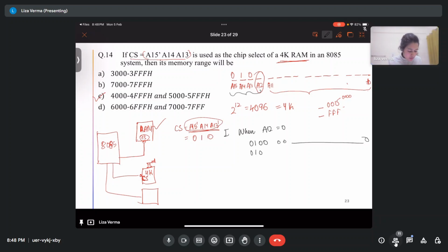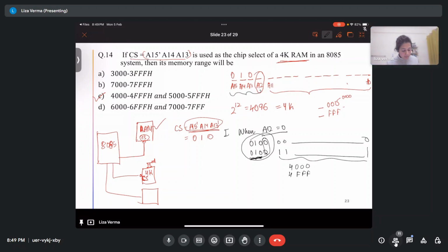The chip select bits are already fixed, and the lower bits can change from all zeros to all ones. So what addresses do we get from here? These are from 000 to FFF, and the upper nibble 0100 is 4. So we get 4000 to 4FFF. Now this is for case 1 where A12 was 0.